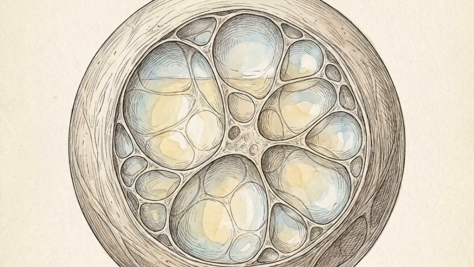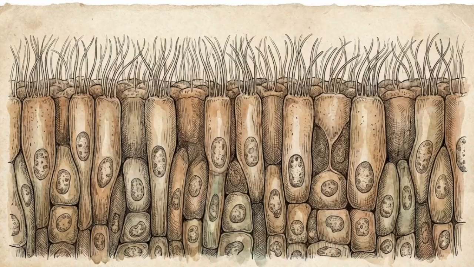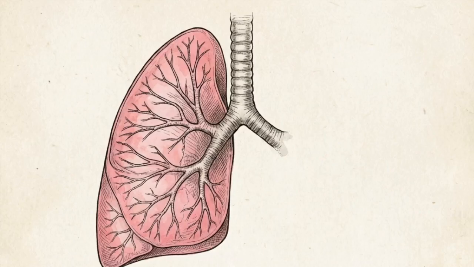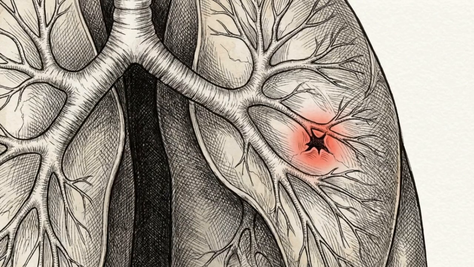Multiloculated cysts are large masses internally divided into several smaller cavities, and pseudostratified columnar epithelium is the specific layer of tightly packed cells that normally line the upper respiratory tract. Patients with Type 1 have an excellent prognosis following surgical resection. However, clinical literature tracks a rare but documented risk of these specific cysts transforming into bronchoalveolar carcinoma later in life.